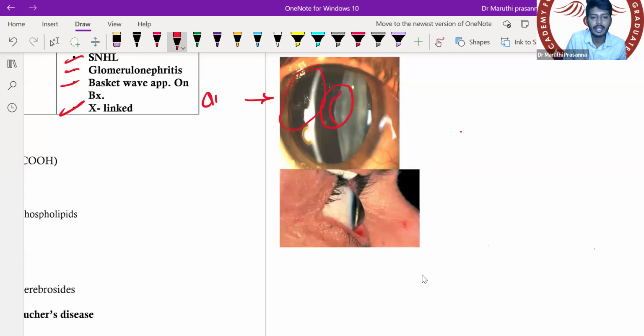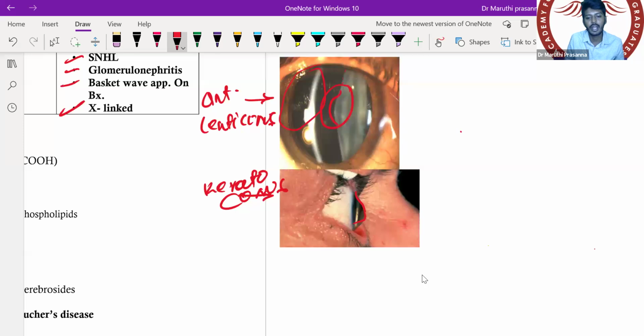Now if the cornea itself is bulging forward, then we will call it keratoconus. So don't get confused. Keratoconus is a bulging curvature of the cornea, and anterior lenticonus is a curvature of the lens.